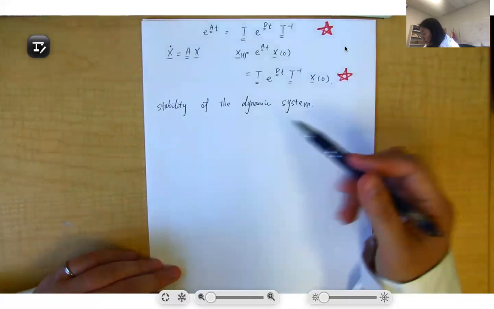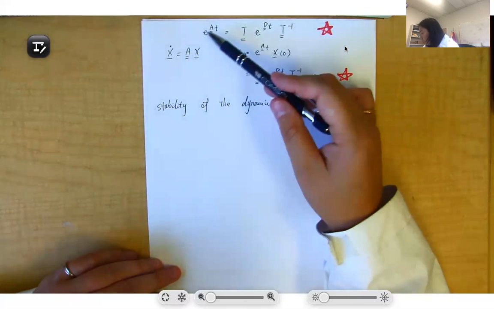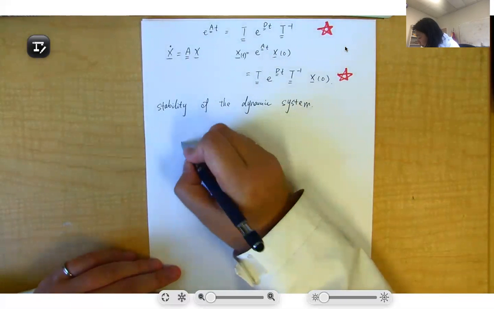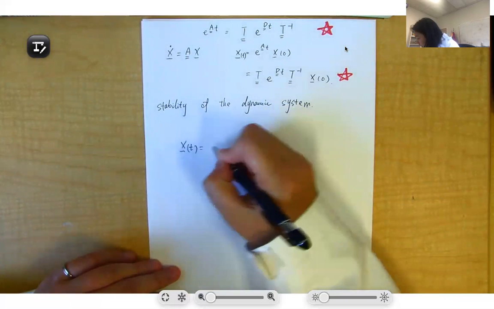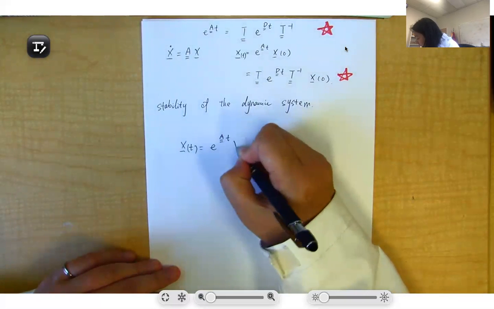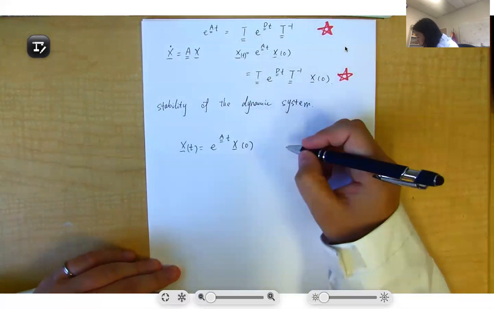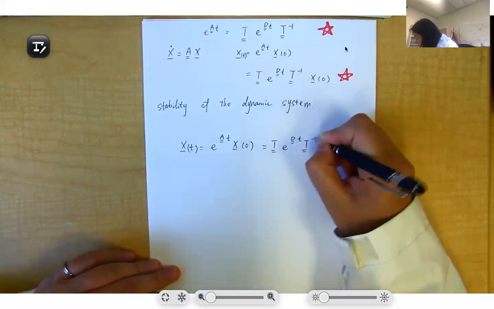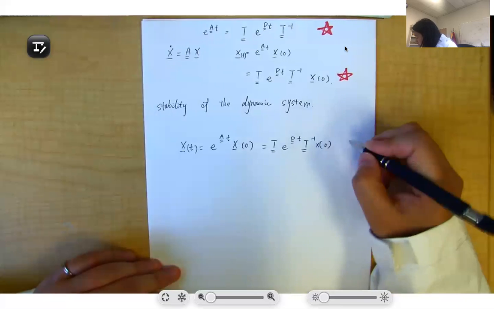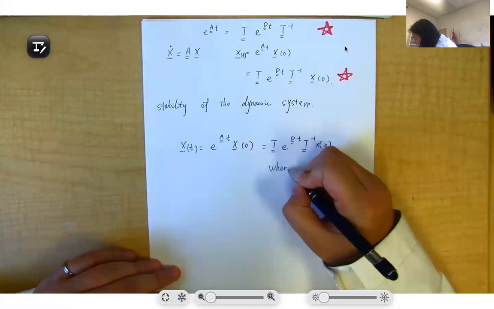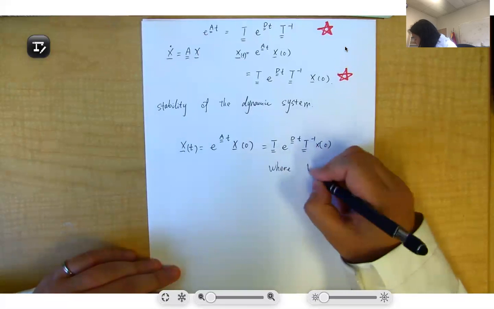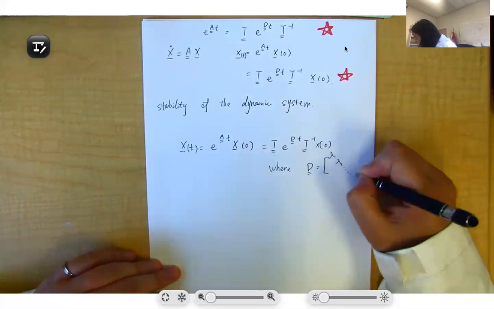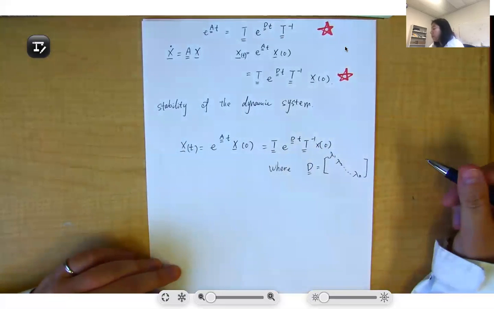So for example, for this system written in continuous format, x(t) equals e to the At x0, which is T e to the Dt T inverse x0, where your D is constructed by lambda 1, lambda 2, dot to lambda n, which are all the eigenvalues.